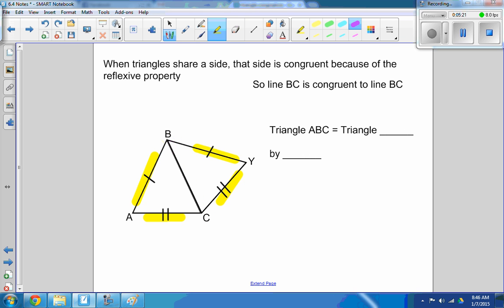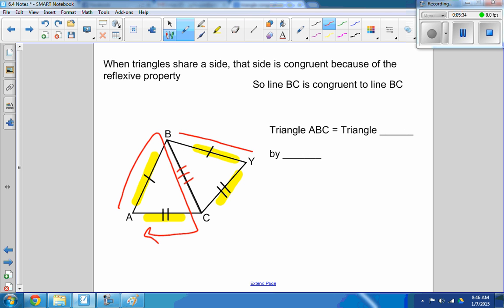So I can go ahead and mark it as congruent. I now can say triangle ABC is congruent to triangle YBC by side, side, side, because I showed that all three sides are congruent, so the two triangles are congruent.